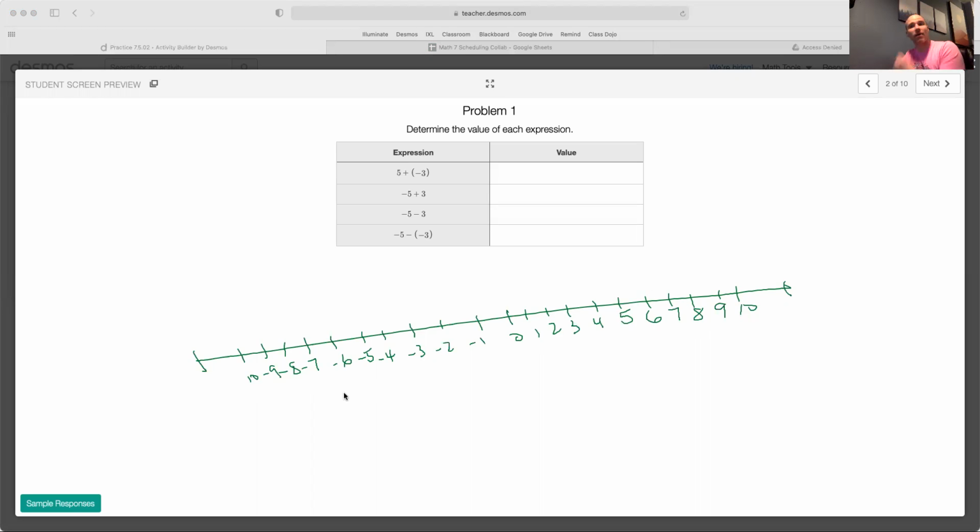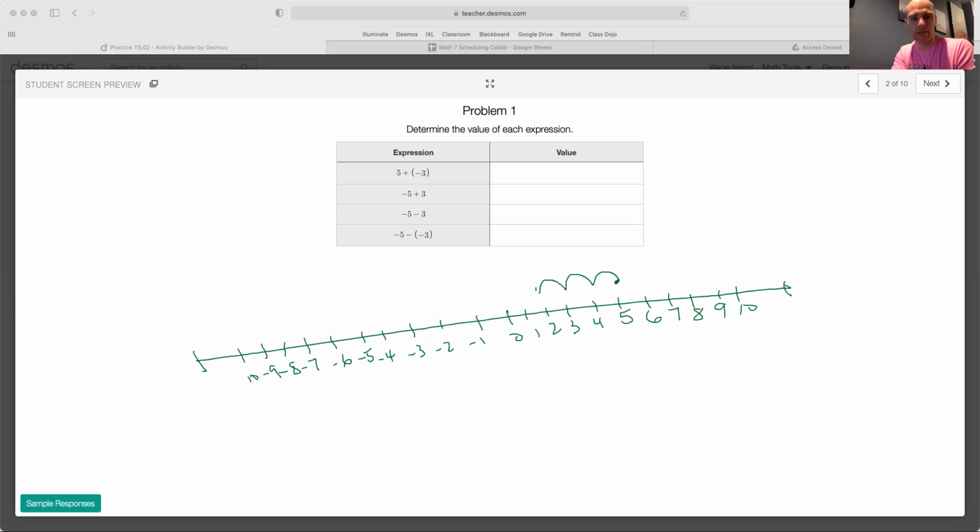All right, and so the first one we have is 5 plus -3. So I'm starting at 5, and I want to add -3. So I need to move 3 spaces in the negative direction on the number line, right? Going down, going to the left, whatever you like to say. And so I am going to start at 5 and go 1, 2, 3 spaces to the left, and it looks like I get to +2.